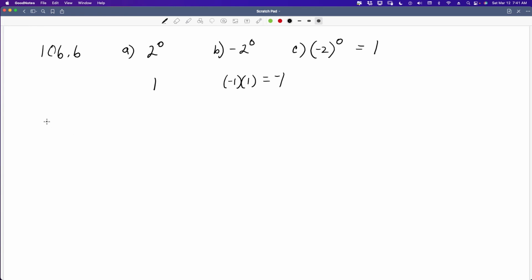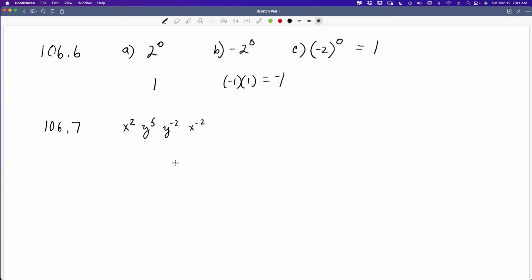So let's try another one, 106.7. Here we have some variables that we're going to practice on. So I have x squared, y to the 5th, y to the negative 2, and x to the negative 2. All right, so let's start by putting like terms together.